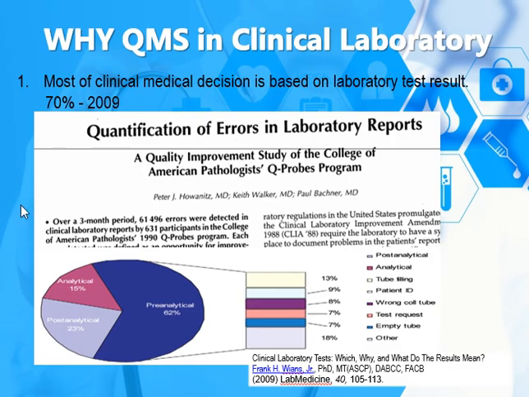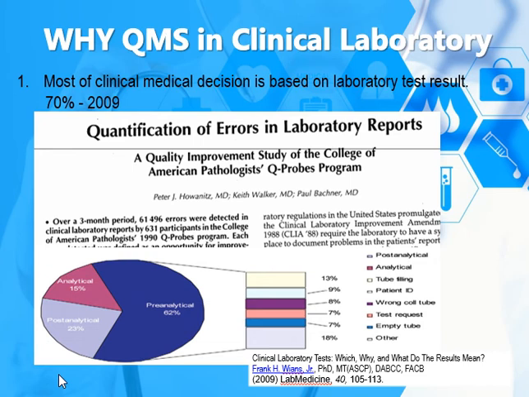So why do we need to apply the QMS in clinical laboratory? First, most clinical medical decisions are based on laboratory test results. About 70% of medical decisions are based on laboratory test results. And remember the pre-analytical, analytical, and post-analytical phases that I mentioned in the previous lecture.